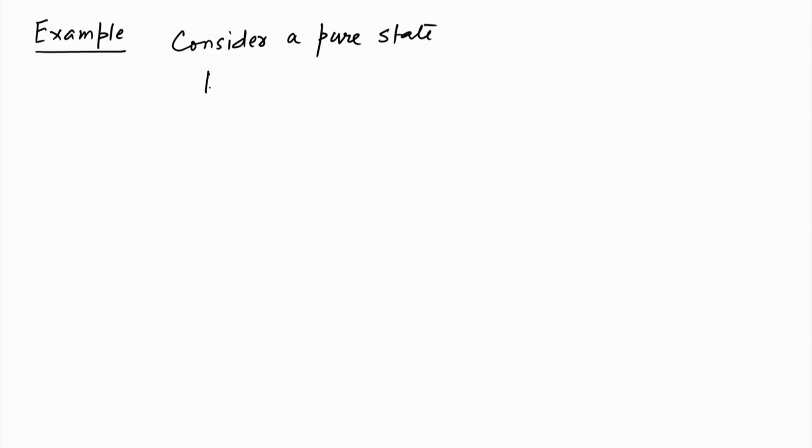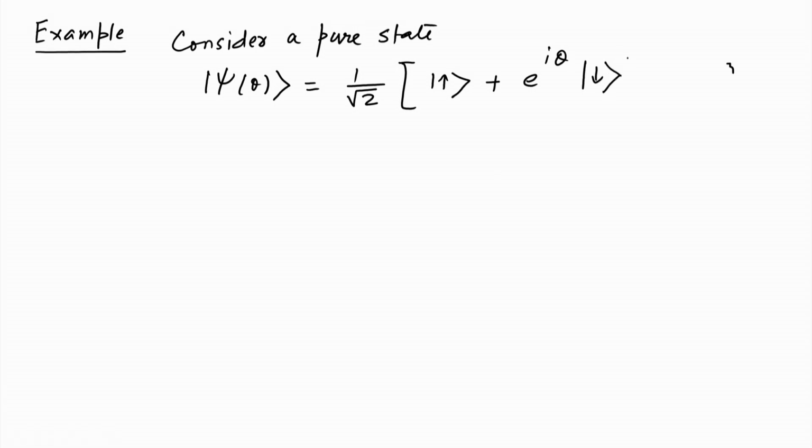which looks like psi of theta, where theta is an angle. Again it is a spin half system, however the spin down amplitude does not come with just one half, but with a factor that depends upon the angle.